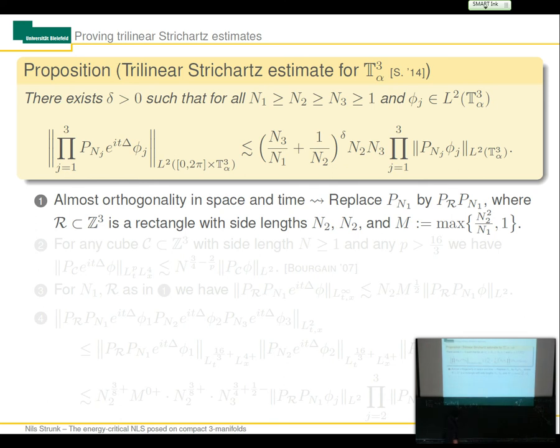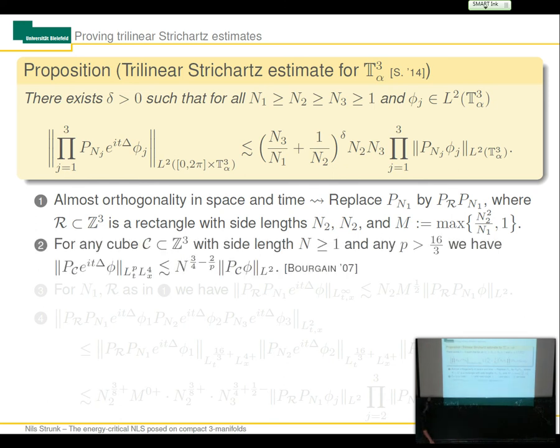Now, what we want to do is prove a Strichartz estimate that only takes into account how much the frequencies vary, and does not take into account how big the absolute size of the frequency is. So it doesn't matter. We have one estimate, this one, which was proved by Bourgain, which is true for any of these cubes, no matter where it's located, whether on high frequencies or low frequencies.